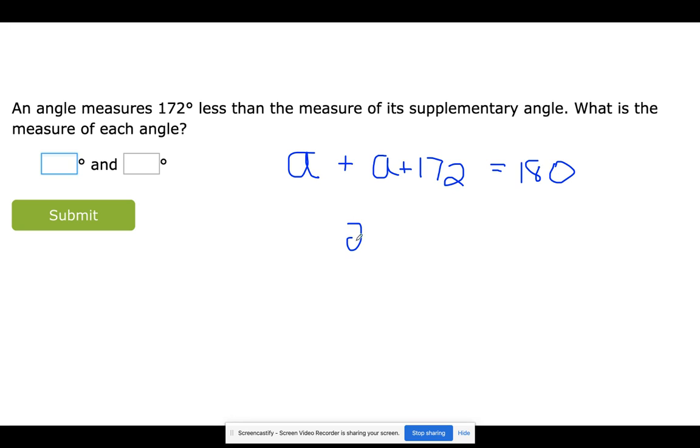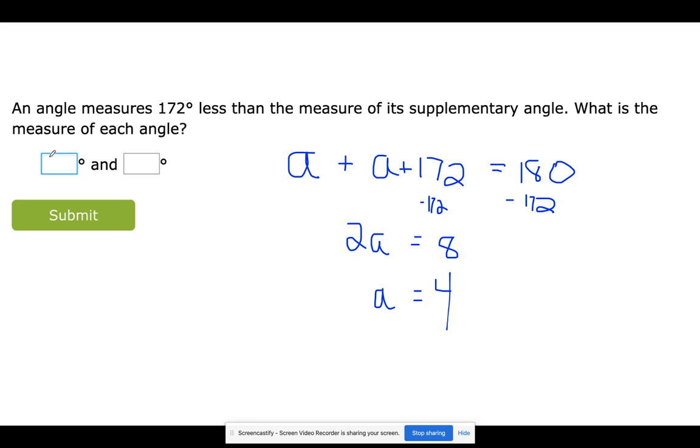Now I got 2a, because what I did was I added the two a's together, equals, I'm going to minus the 172, and I'm going to find out that the initial angle is, well, I got to divide by 2 first. 2a equals 8, so when I divide by 2, a is 4 degrees.